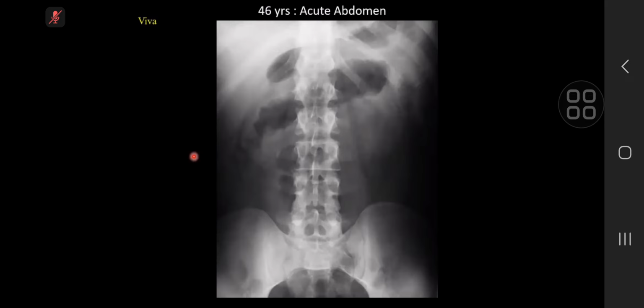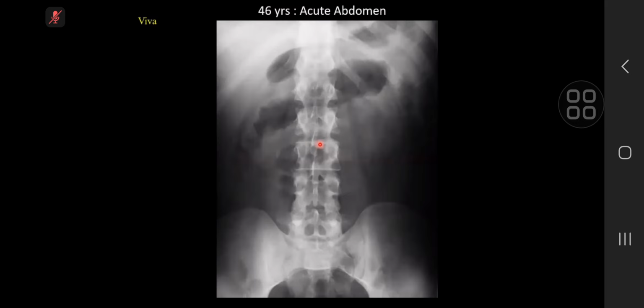Okay, so with this background, candidate 1, your film. Patient has got acute abdomen presentation. Over to you, please. This is a frontal radiograph of an adult patient. There is a tubular gas-filled structure in the midline, which would be in keeping with the transverse colon.